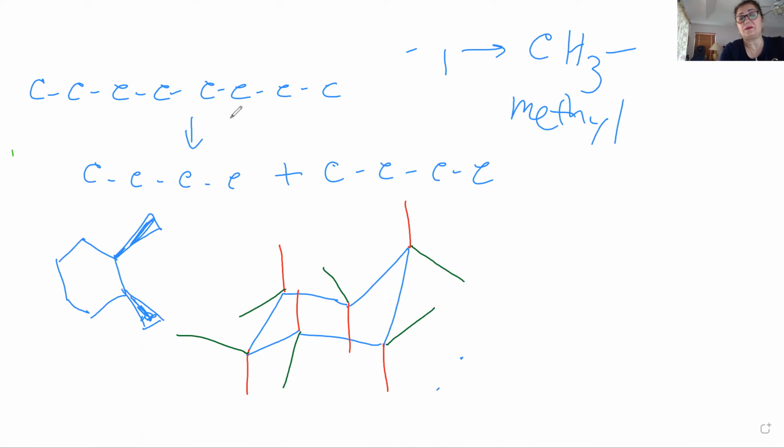Do we have enough hydrogen to make 2 butane? So if this is octane, can we make 2 butanes? Yes.